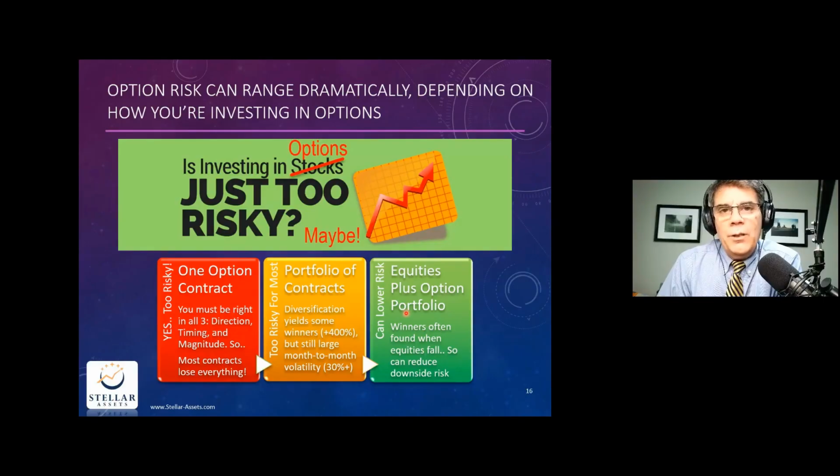So when your overall equity portfolio declines because the market went down 5% that month or 10% that month, that's the time when a disproportionate share of your option contracts will pay off. Think of this as two sine waves, one for the equity portion of your portfolio, one for the option portion. And in those darkest hours, oftentimes those sine waves cancel each other out. Or, depending on what percent options you have in your portfolio, the options portion might dominate and you might actually make money in a down market.